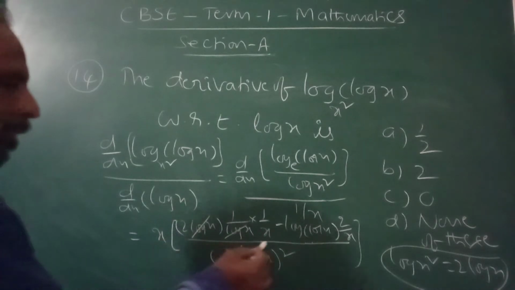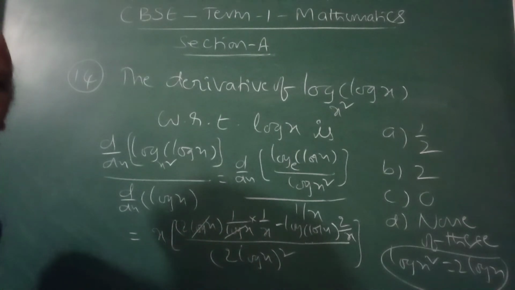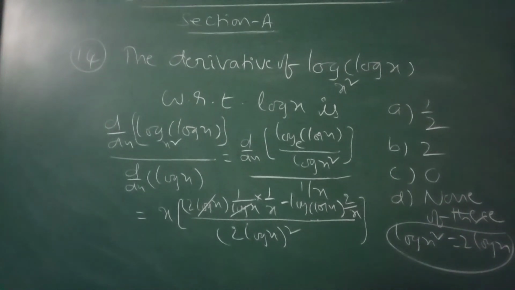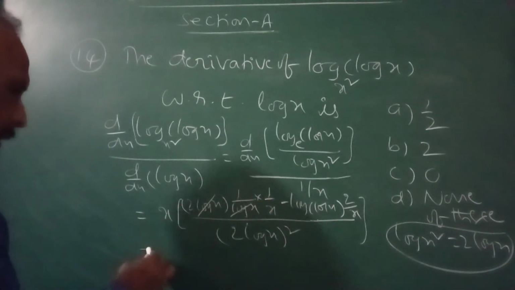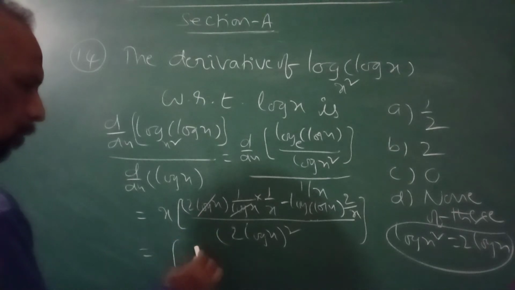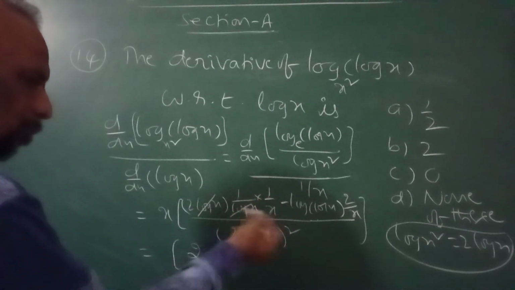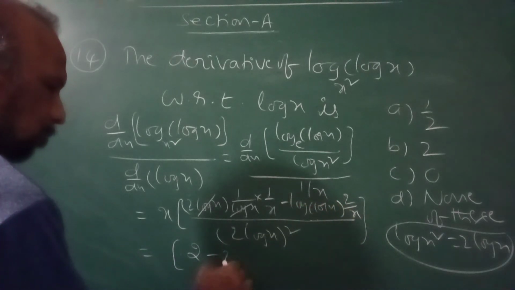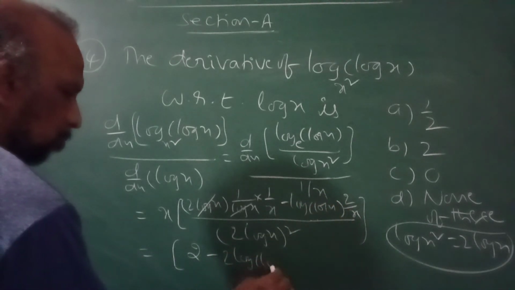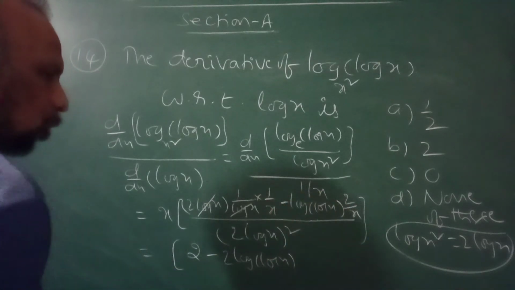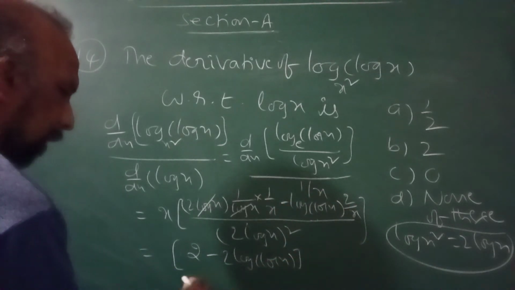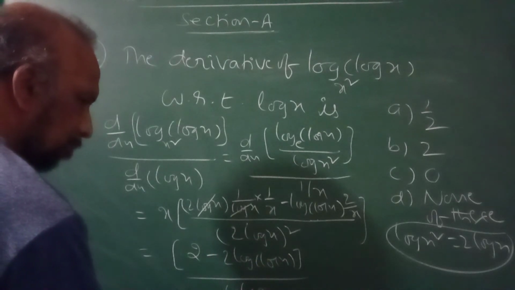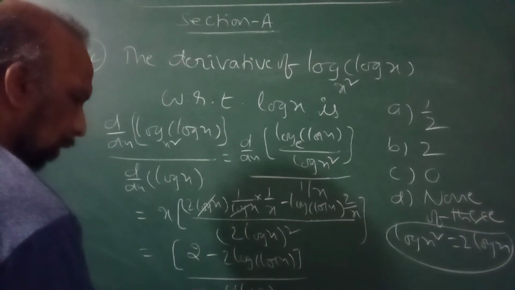You can see, when I have written, I can eliminate only x. Inside it will come 2, I have taken 1 by x common, 2 minus log of 2 log of log x, because I have taken common 2 log of log x by 2 log x, 4 log squared x, or log x whole square.